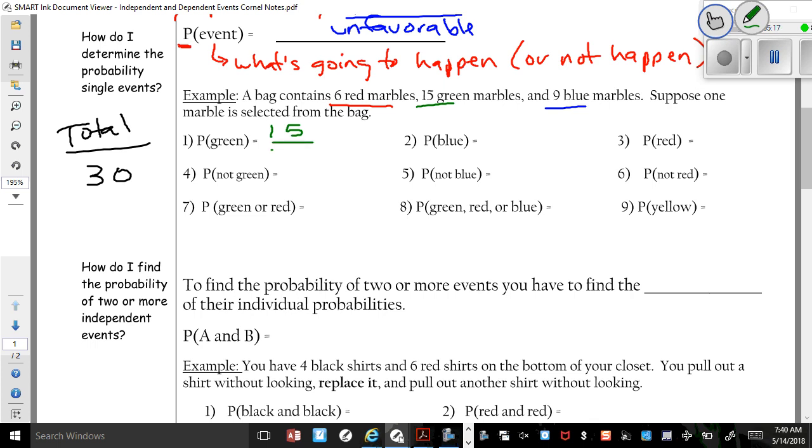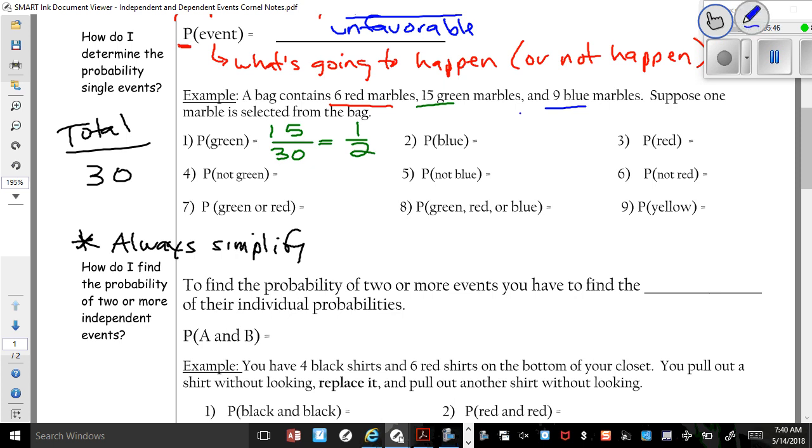Over total? Now remember, let's write that down. Always simplify. In this particular one, what is 15 over 30 equal? 1/2, good.